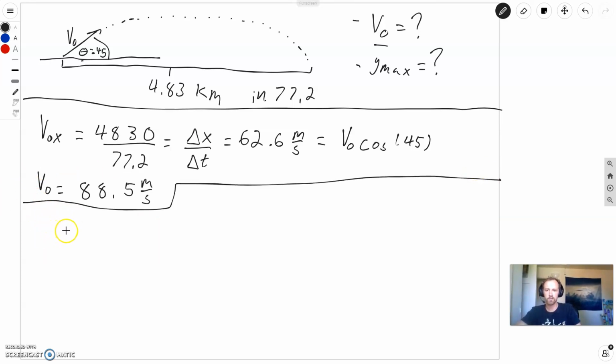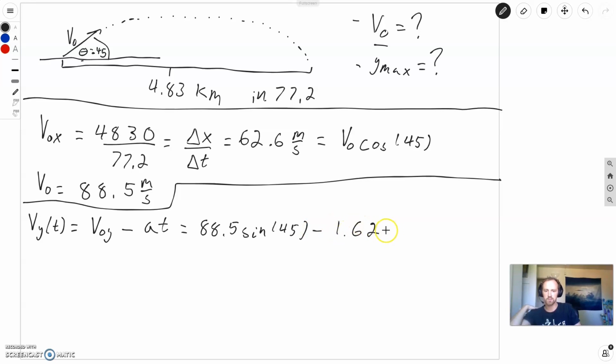So now I think the best way to do the y max, well, the way I would always do it, is to express vy as a function of t. And this equals v naught y minus at, which for the moon, the acceleration due to gravity is going to be 1.62. So I can write this as 88.5 times the sine of 45 minus 1.62 t.